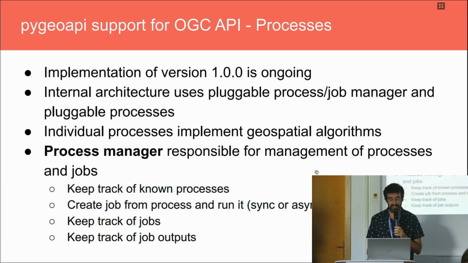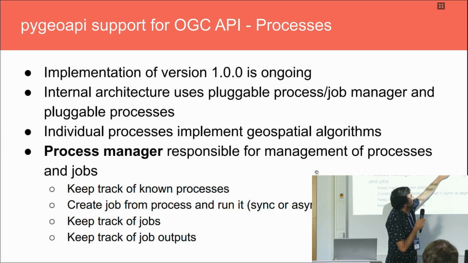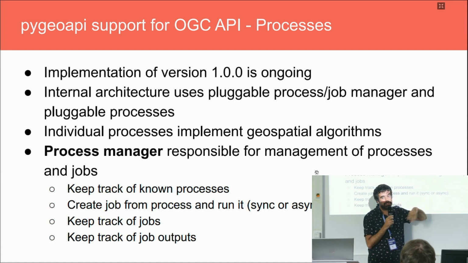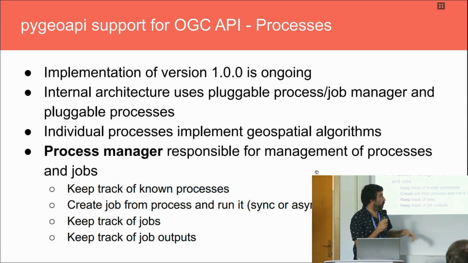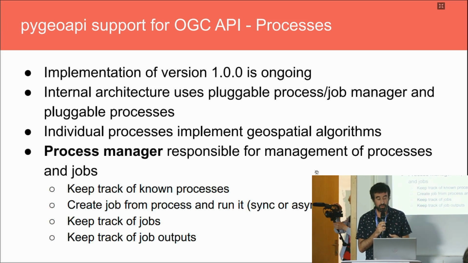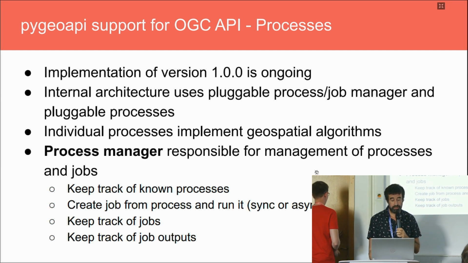Nevertheless, it is supported. The internal architecture uses, as I was saying, a pluggable process/job manager. I'll refer to it as process manager just for brevity, and pluggable processes, meaning that you can basically put there whatever you want as the processes offered by your deployments.